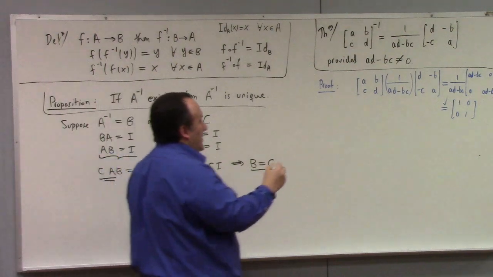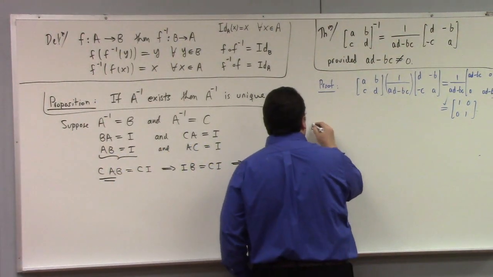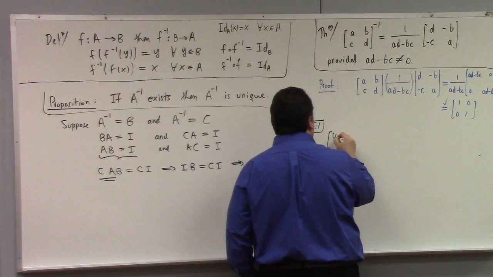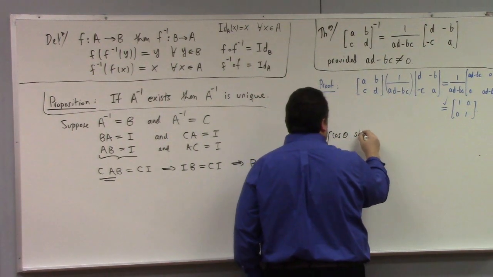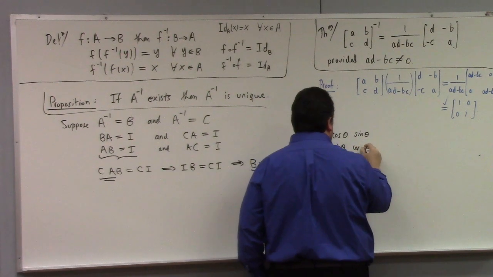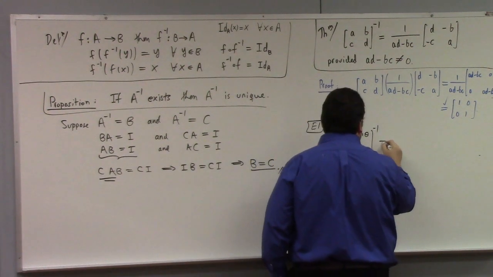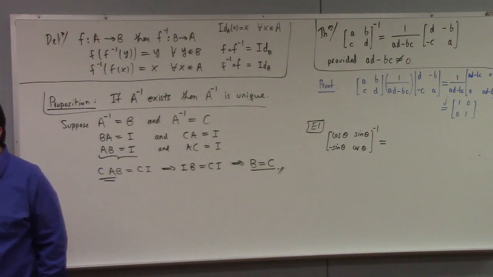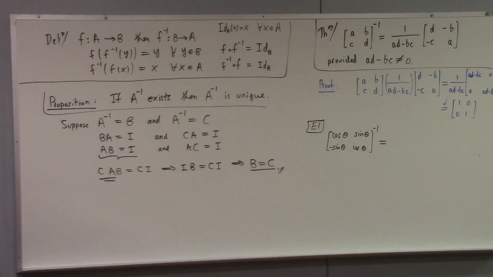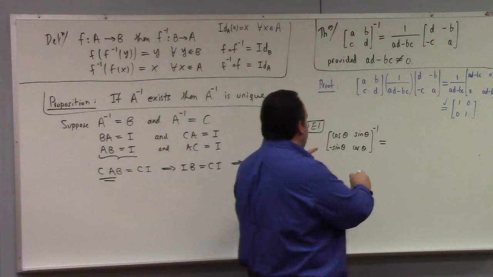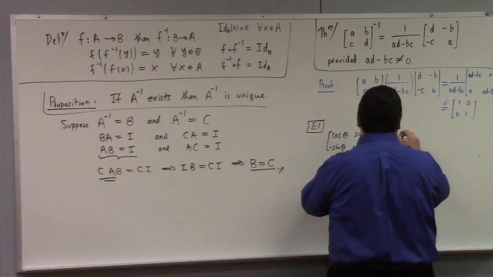Application. Should do at least one of these. So how about this? If you've got the matrix cosine theta, sine theta, minus sine theta, cosine theta, and you want to find the inverse of that matrix, can you? What do you think? All right, so my A and D are equal, so we flip A and D. It doesn't look like anything happened.